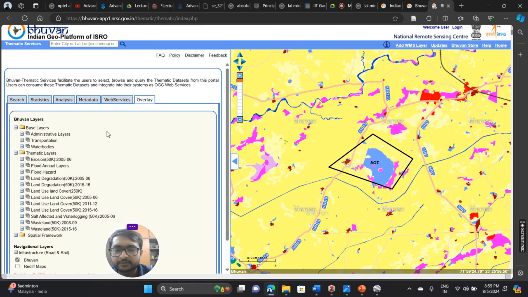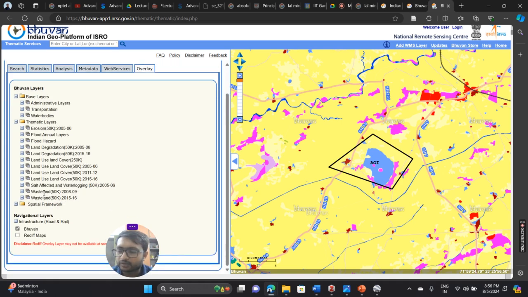And then after that, the overlay operation is given, where you can put any other layer, let's say a layer of road network, railway network, airports, and so on. Any infrastructure layer or any other land use parameter, if you want to compare the land use of 2005 and 2015, you can put two maps on top of each other and compare them.